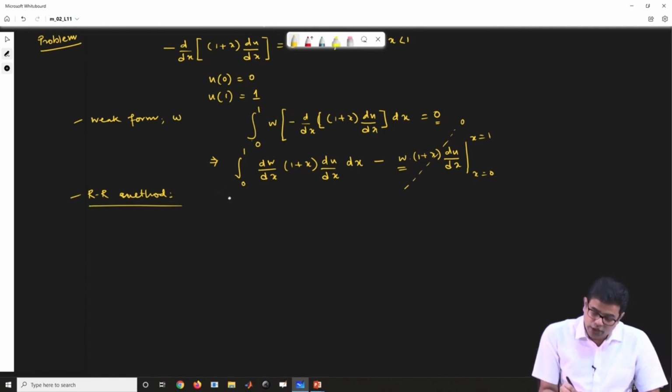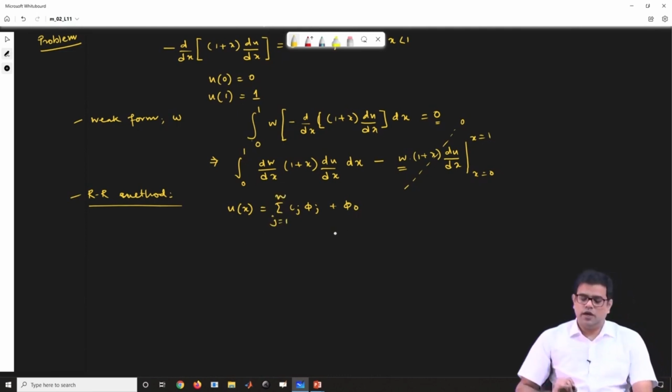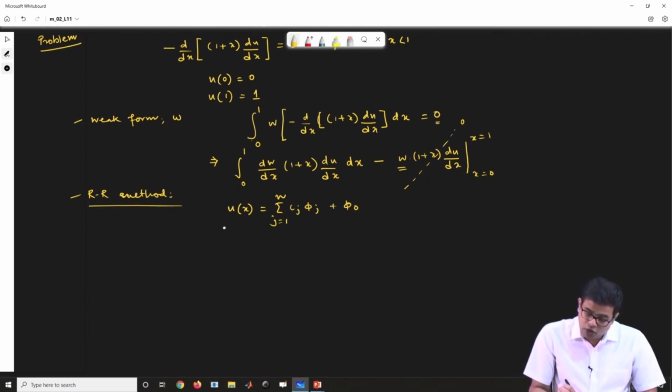Let us take my approximation for u(x) as the sum over j equals 1 to n of Cj phi j plus phi 0. I'll choose some particular n. Then this weak form will also give me a term on the right hand side. I will come to that.